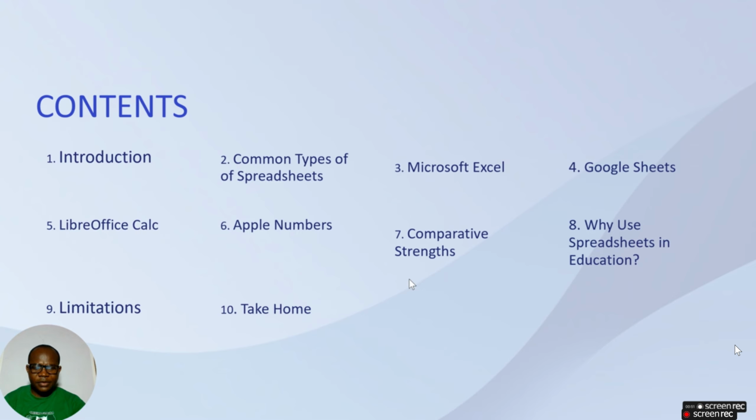I'm going to attempt a comparative review of these four types of spreadsheets I've mentioned, and then we're going to discuss why spreadsheets are important in education, and then we look at a few limitations we may come across as we use our spreadsheets, and we are going to end up with the takeaway for this presentation.